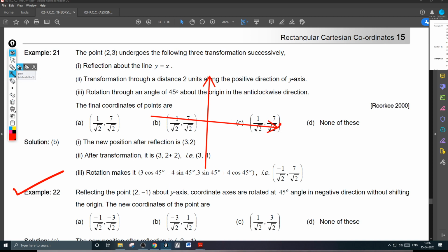If you mark 2, minus 1 somewhere here, and it is reflected in y-axis, this P will be reflected to the third quadrant, which is nothing but minus 2, minus 1.